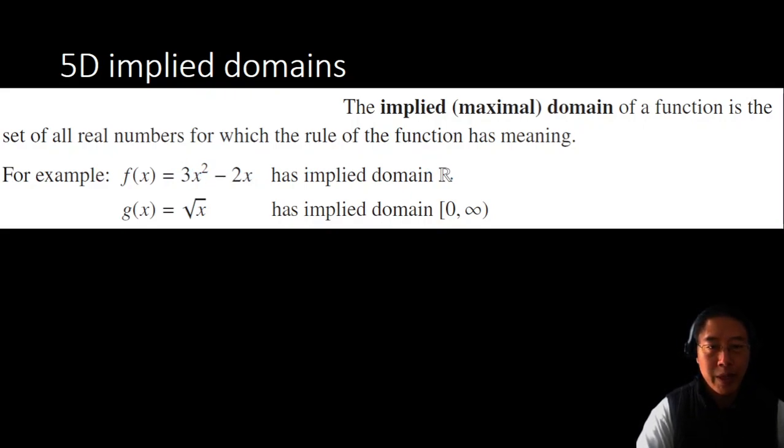The implied domain is going to be R. For square root, you look at inside the square root, x has to be greater or equal to 0. So when you have x greater or equal to 0, we can also write the domain as an interval from 0 included to positive infinity.